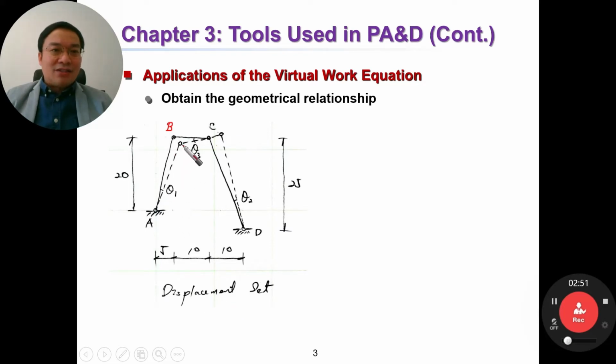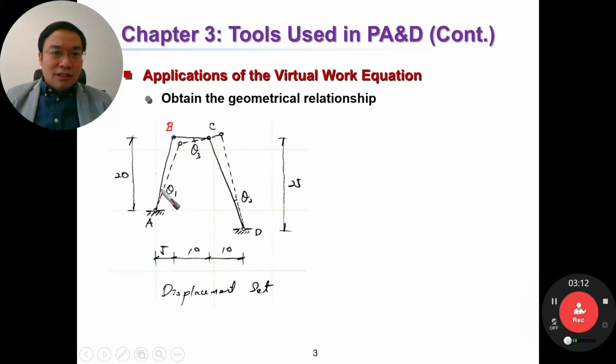The dotted line is the assumed displacement set. So with this displacement set, we have the geometrical relation.